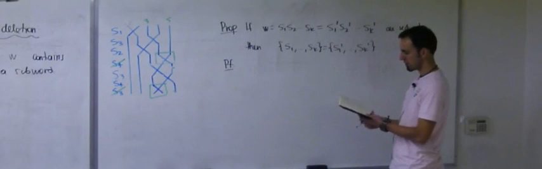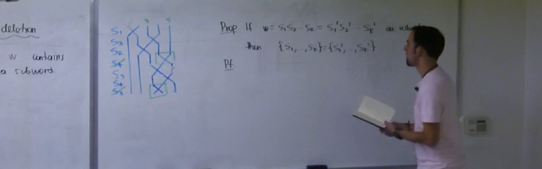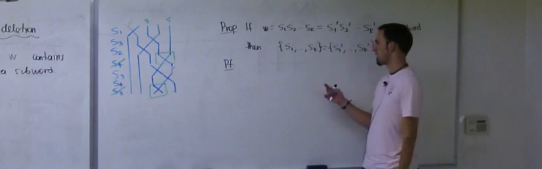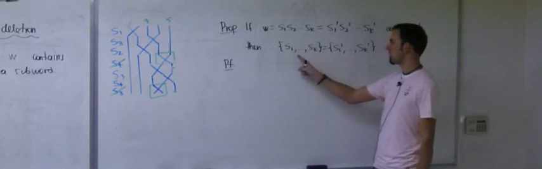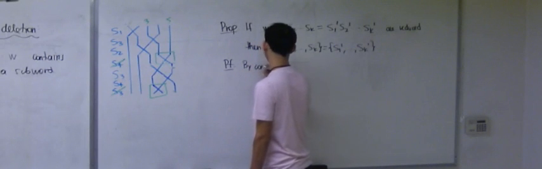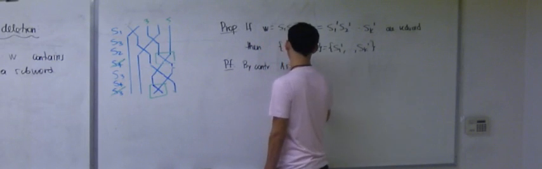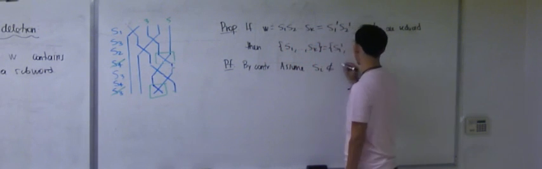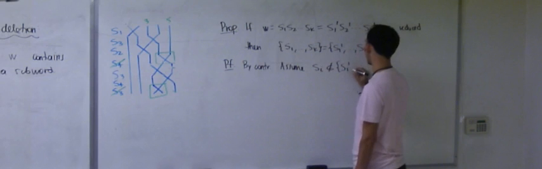So let's prove this. How does one prove something like this? Well, basically, by contradiction, let's assume that you found a generator here that you didn't find here. By contradiction, assume that you found Si, which is not one of these Si primes.